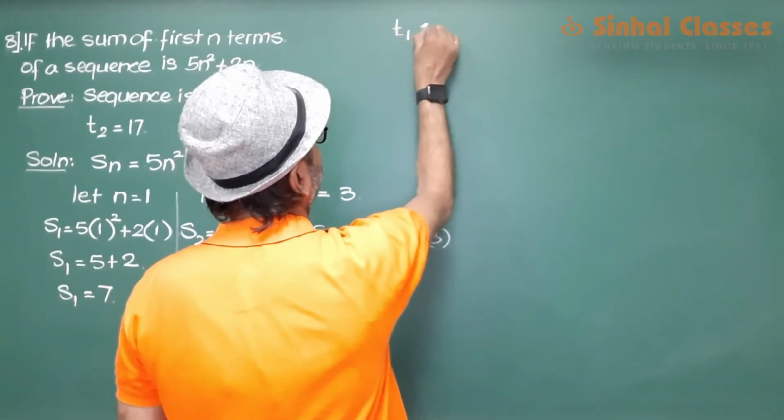Let us find out Sn. So Sn is n upon 2, which is 50 upon 2, into 2a, which is 2 into 10, plus again n minus 1, which is 49, into d, which is 10.